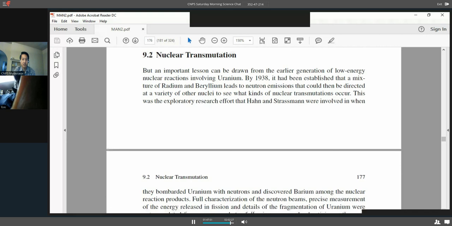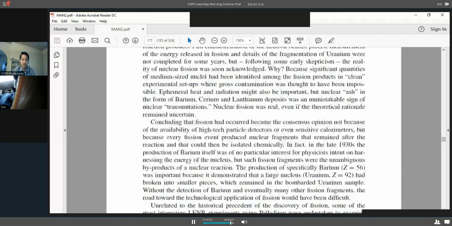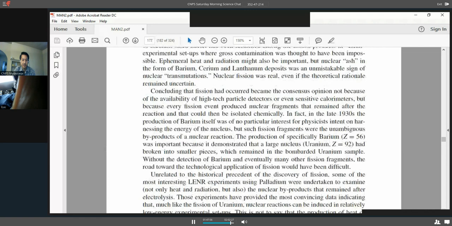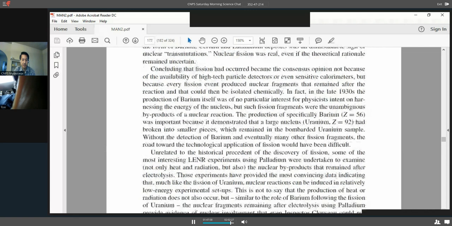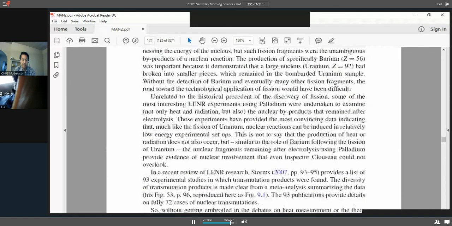Then they're talking about nuclear transmutation. And that was regular nuclear fusion, by shooting accelerator beams at it.